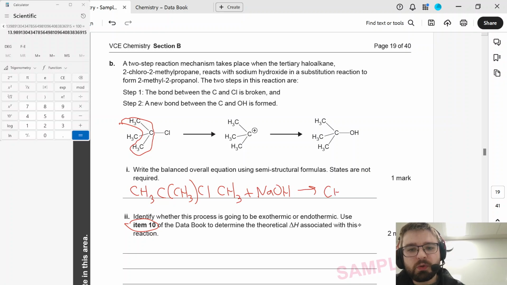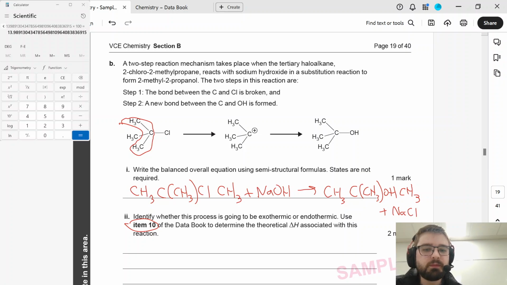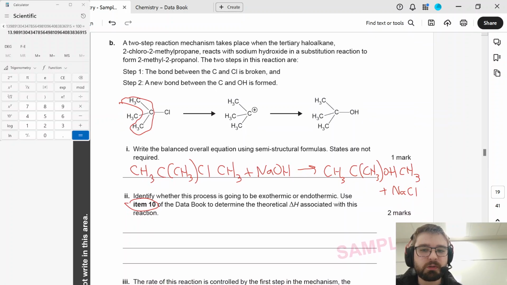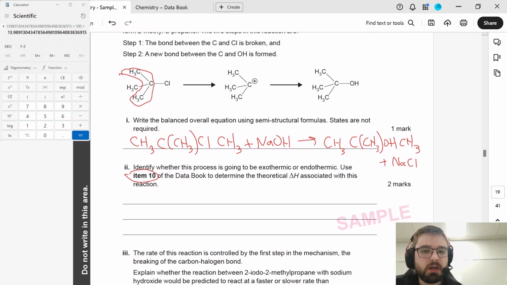They're not normally required for the organic ones. So write them in like that, and then we get sodium chloride out here. I'd imagine forgetting the sodium chloride would be a common mistake.